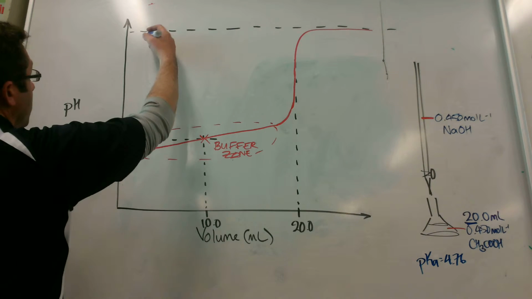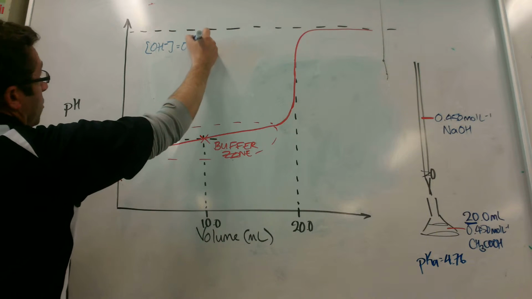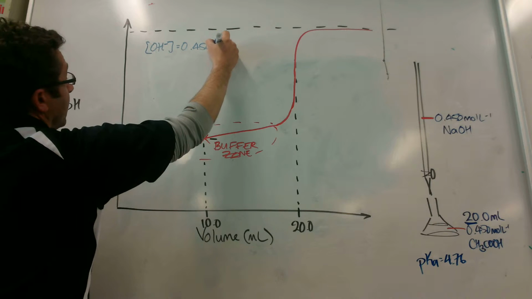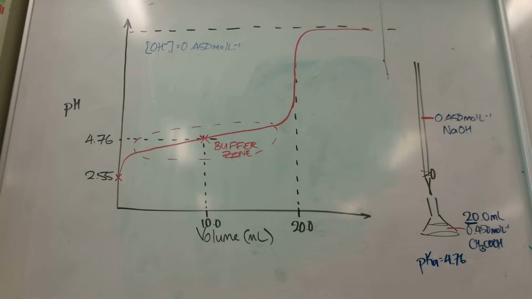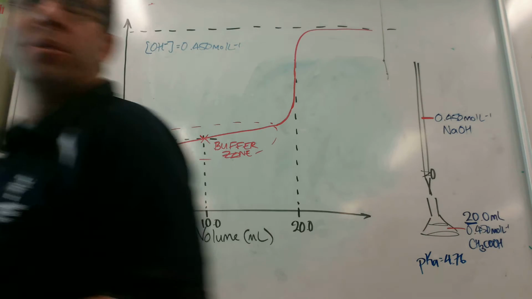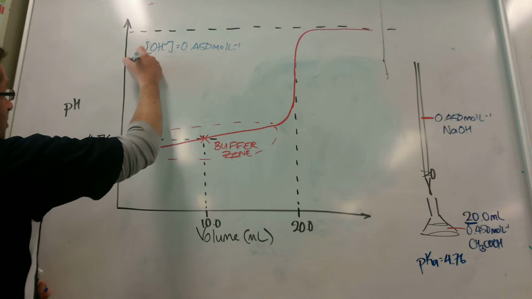So I know at the end I will have this equal to 0.450 moles per litre. Knowing that it's going to be that concentration, I can use Kw to find out what the hydronium would be. Alternatively, I could find the pOH and go 14 minus that, whichever way works better for you. I'm going to go the way that we're meant to, which is this.